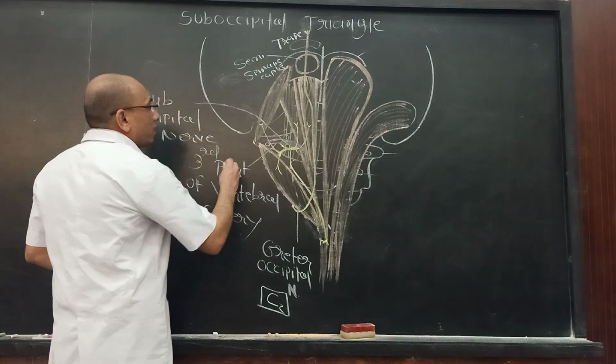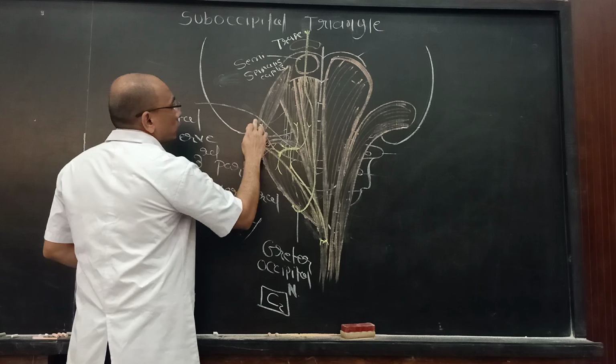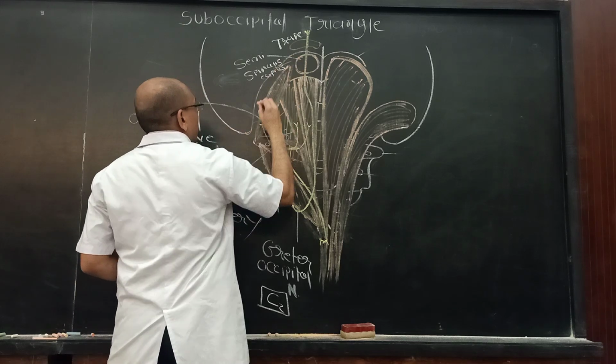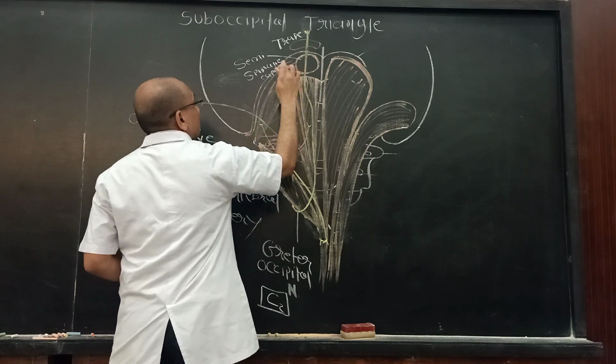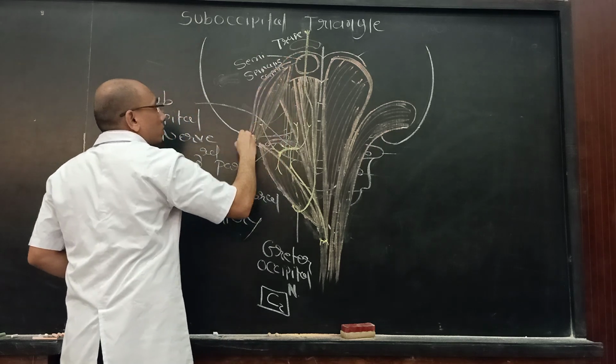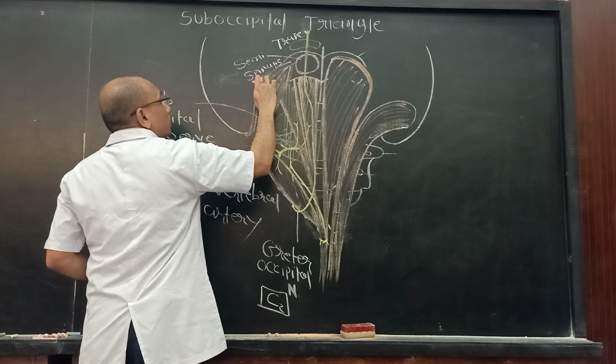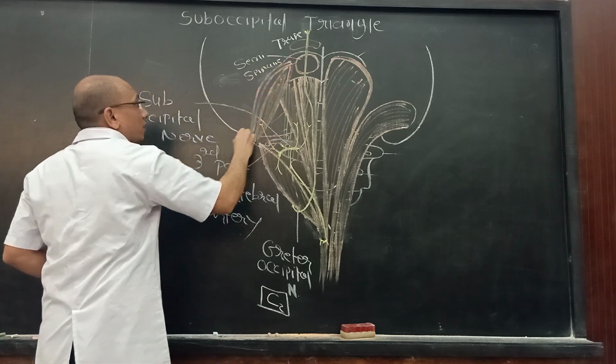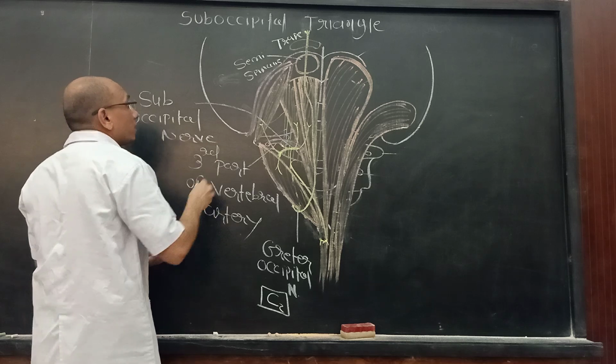Another content we can identify here, which crosses the roof supralaterally and above this superior oblique, is the occipital artery.